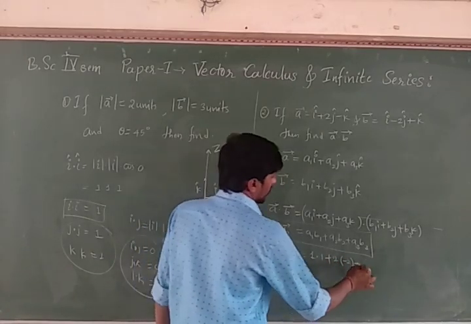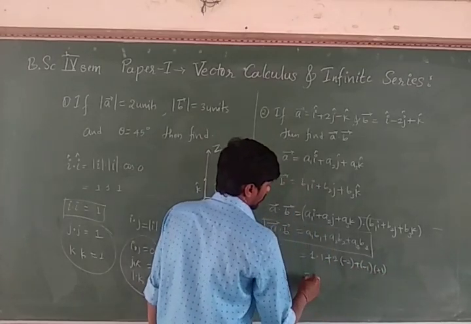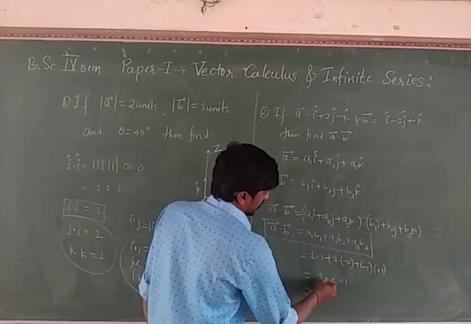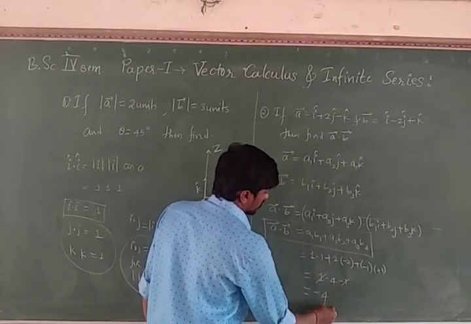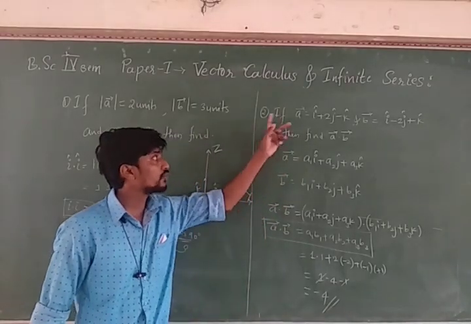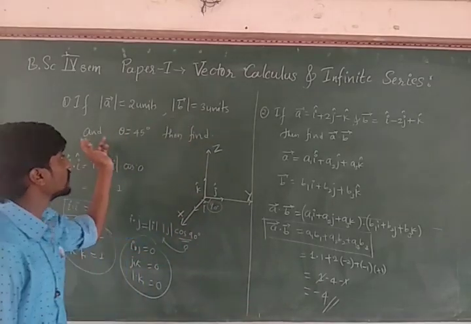Next we have a3 is minus 1 and b3 is 1. So it is 1 minus 4 minus 1. The plus 1 and minus 1 get cancelled, and minus 4 is the answer. Yes. So remember how to solve such examples.